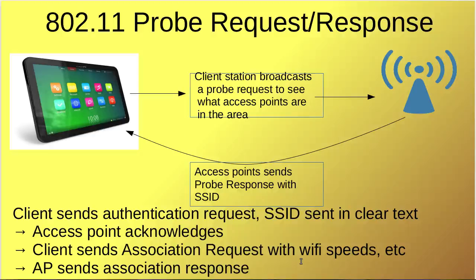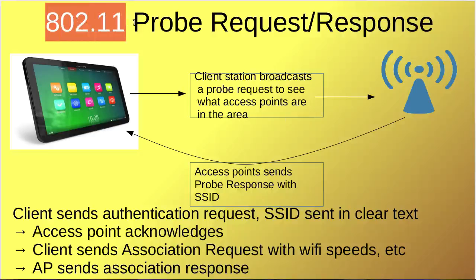So typically what happens is if you have a laptop or a tablet or a smartphone and you go into something like a cafe, the client station will broadcast a probe request. This is part of the IEEE 802.11 protocol. You send out a probe request basically asking, is there an access point in this area?